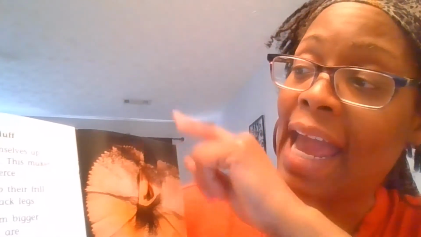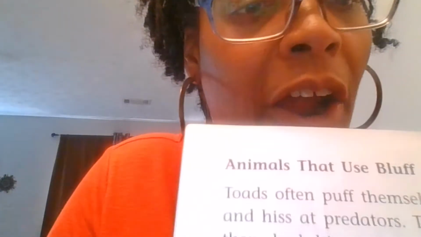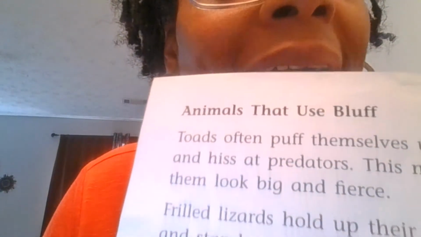So Miss Lee is going to stop right there. And we're going to think about information and words and pictures that were repeated over and over again. So as Miss Lee read today, Miss Lee noticed that the word predator, do you see that word predator, was repeated over and over.